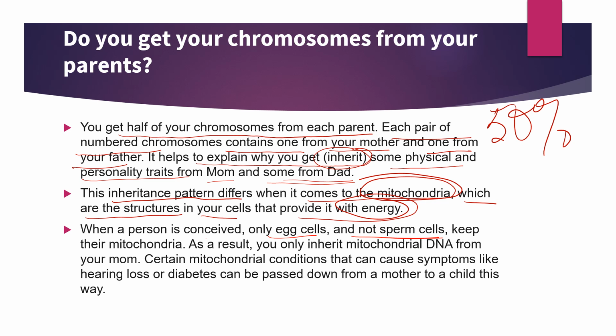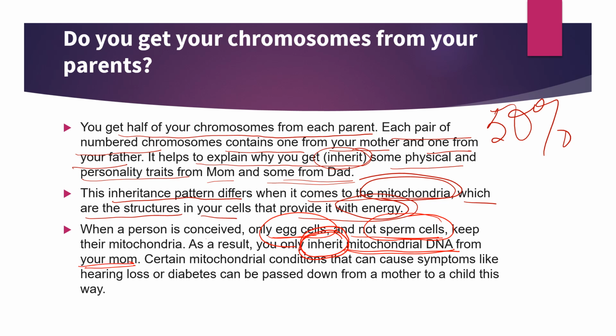As the sperm cells are very small, during fertilization the mitochondrial part of the sperm gets destroyed. So only the nuclear DNA is present from the sperm, whereas in egg cells the mitochondrial DNA is also present. So the mitochondrial DNA is only inherited from your mom.